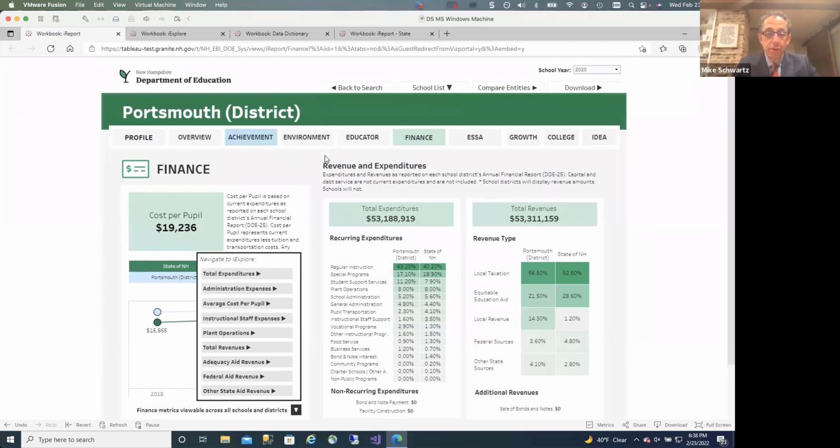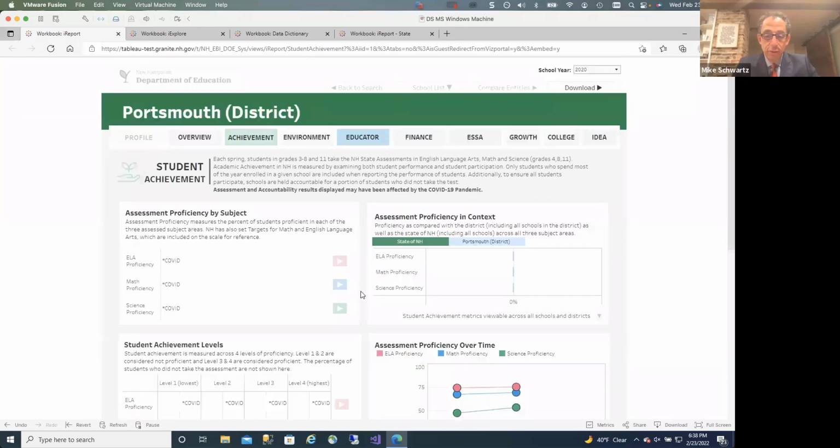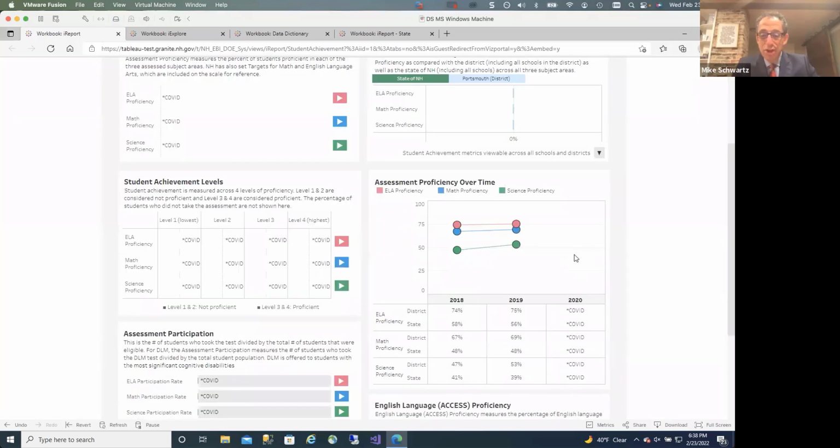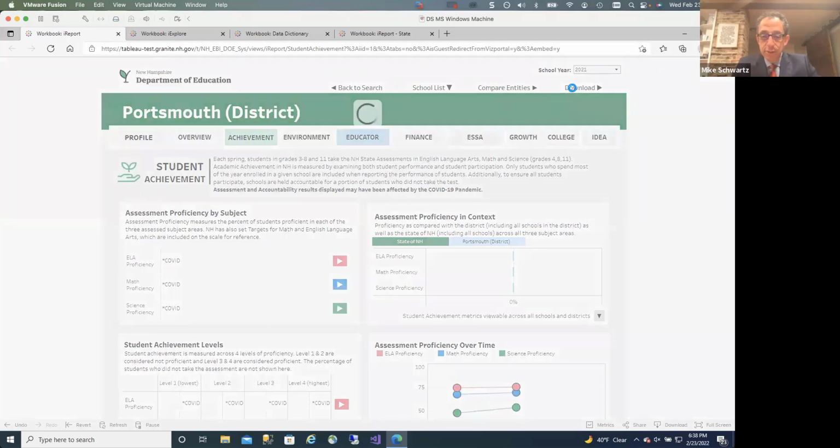As I mentioned earlier, in most of these things like achievement, environment, educator, they all have a time section. So here, if I look at achievement over time, we didn't have an assessment in 2021, but I can look here for 2018-19, and I can see that it looks like we are going up a little bit. I can pull in 2021 because we do have data for last year for achievement. So we can see how we did there.